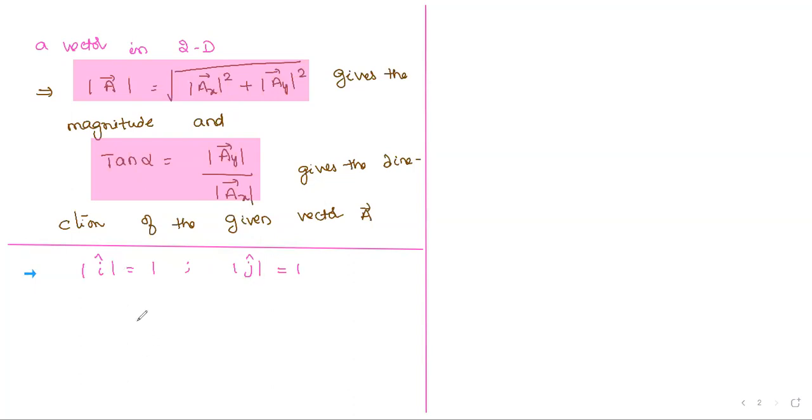But for confirmation, we come to know which axis each is along. We took I cap along the x-axis, and this one is along the y-axis. They are the unit vectors.